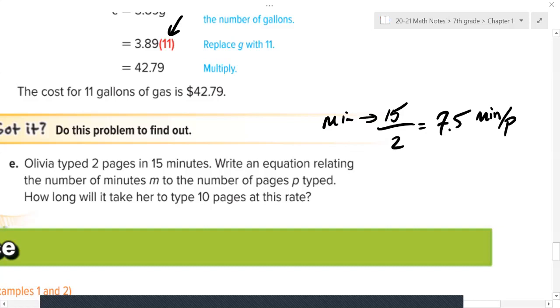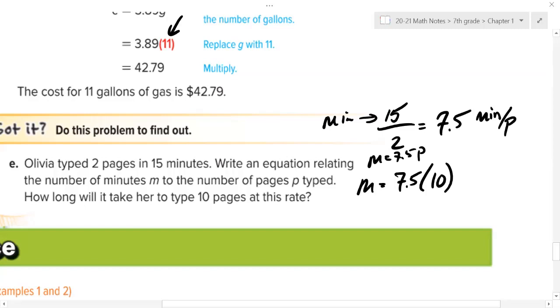So if I have, we'll do pages, how long is it going to take her to do 7.5, she's typing for 10 pages. So if I wanted to do it, 7.5 times P. Good.